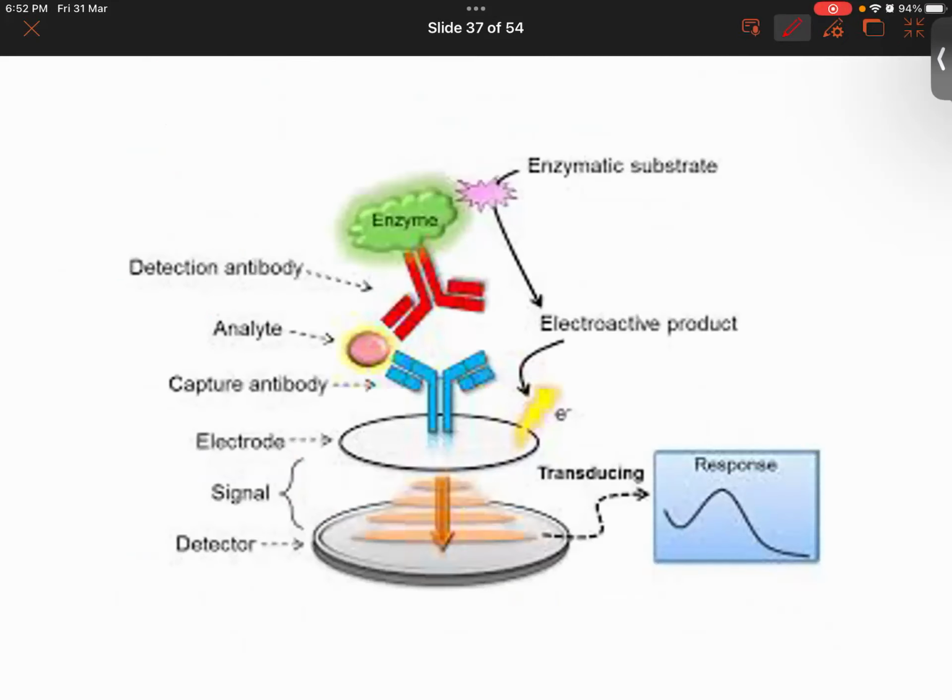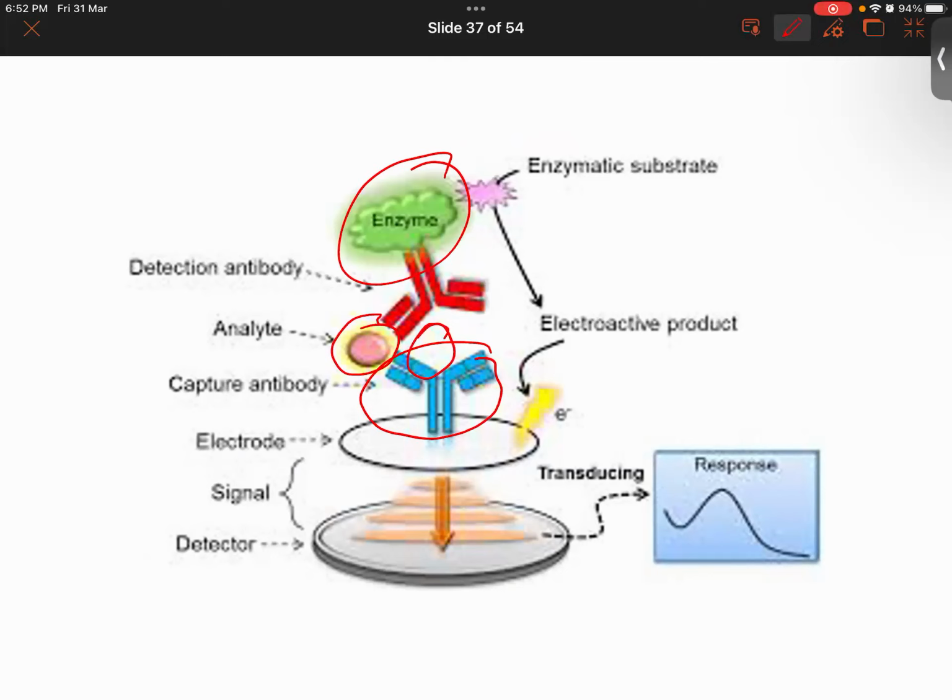Okay. So for another type of label, instead of metal nanoparticle, we can also use enzyme. This is quite common. So you can see the same structure. This is the capture antibody. This is the antigen that you expose the system to. If it is there, then it's going to interact with the capture antibody.